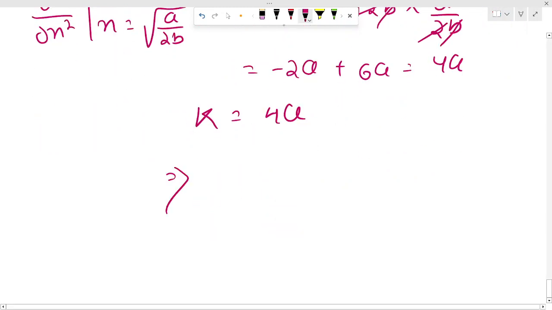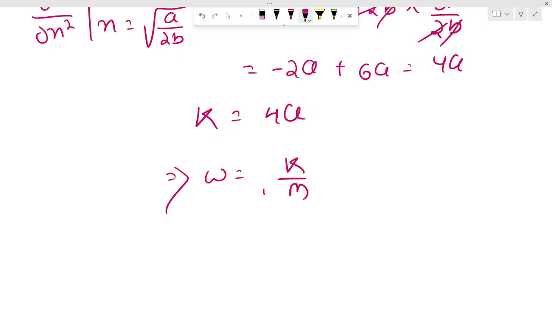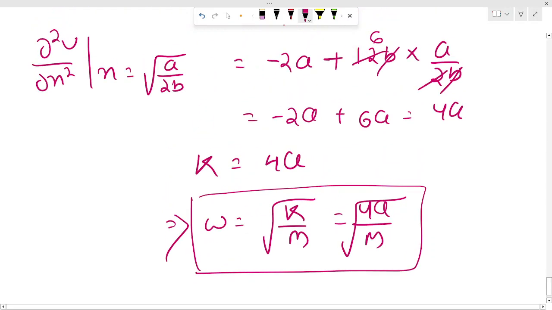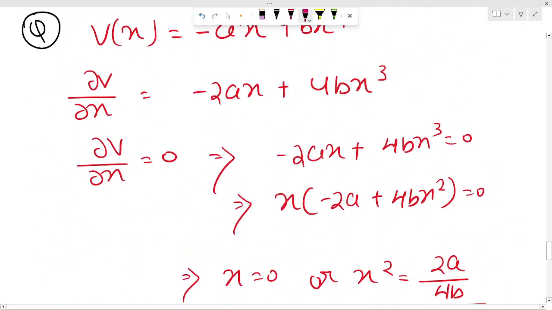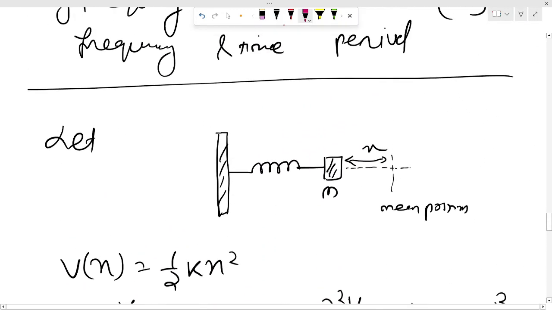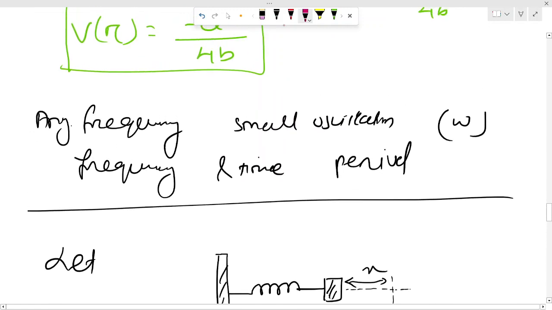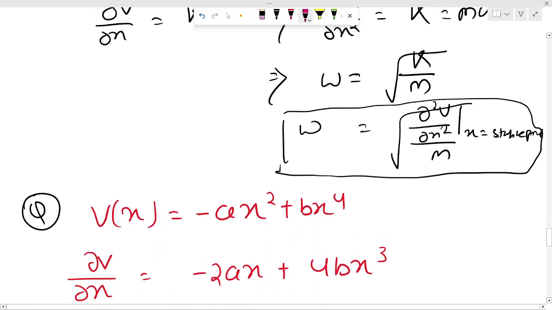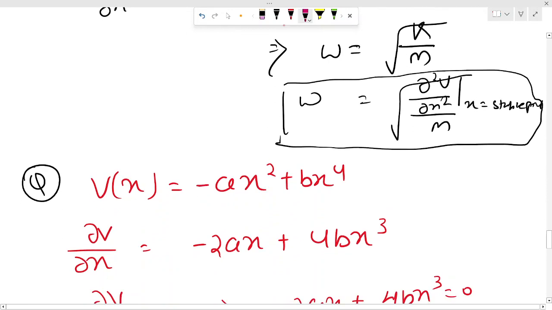We have omega as root over k by m, so it will become root over 4a upon m, okay? This one is your expression for angular frequency or omega. So questions come from these categories only. You have to just remember how we calculate and what are the steps for minima and maxima. Remember, for stable equilibrium point, you have to calculate the minima, okay?